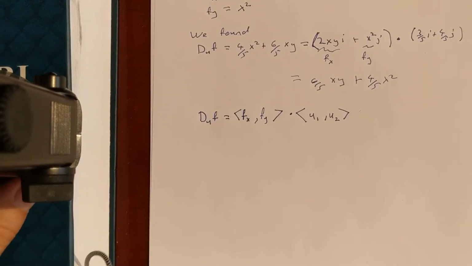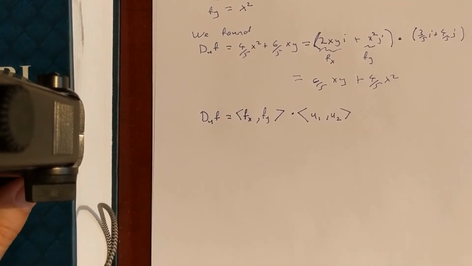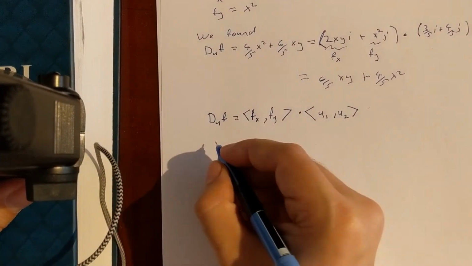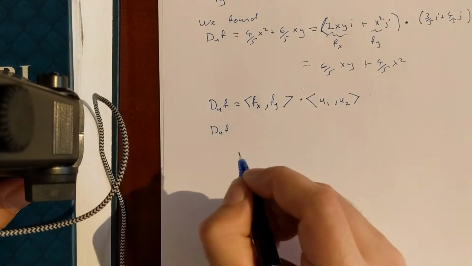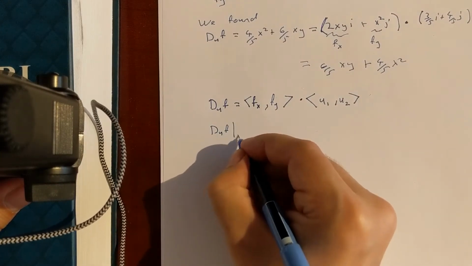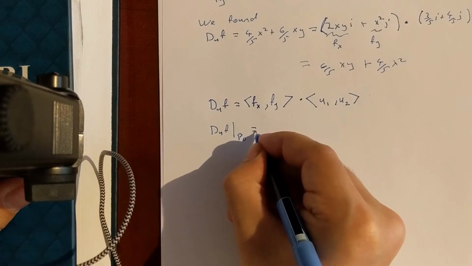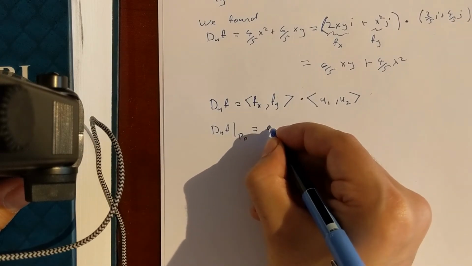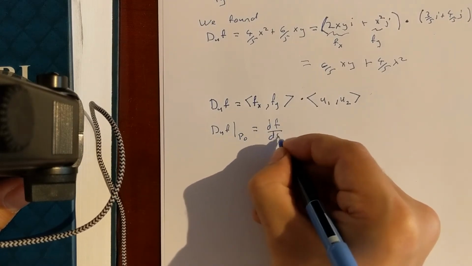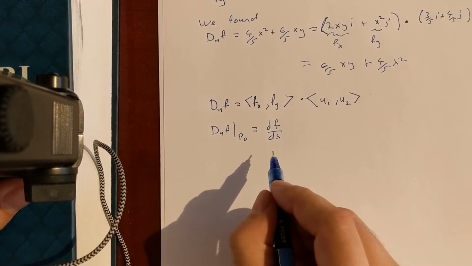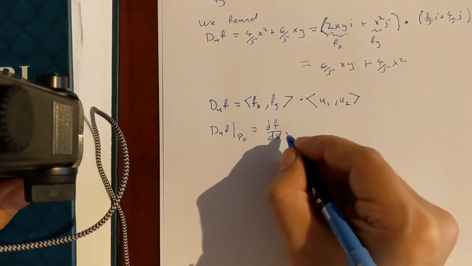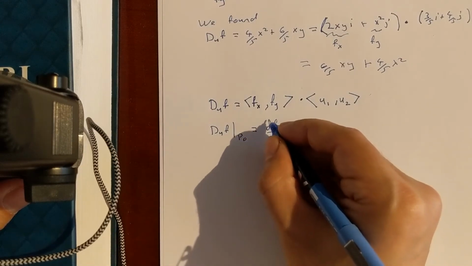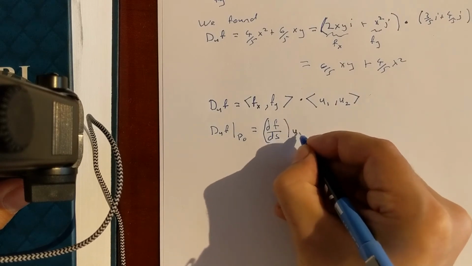Another definition: sometimes in different books you see D_u f, the function f evaluated at the point P naught, written like this: df/ds, where s is the arc length component, of the unit vector u at P naught.